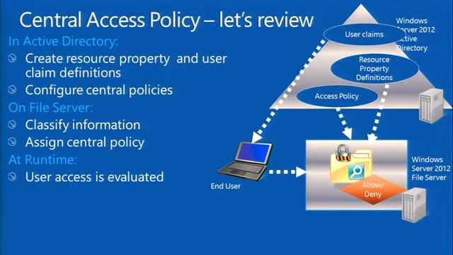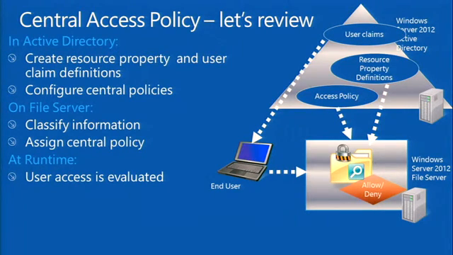And sounds like you already support alternate data streams and of course, security descriptors. And all this just works for you. So that's pretty cool. You assign the central access policy to the data, and you classify the information using whatever method I showed you. And then when the user accesses, the access is evaluated.